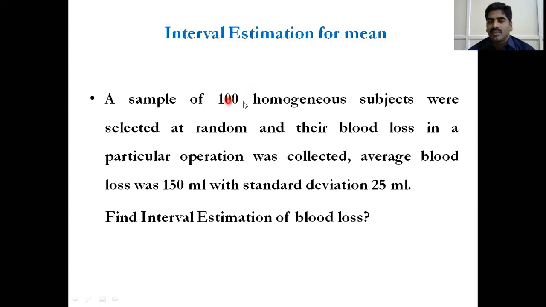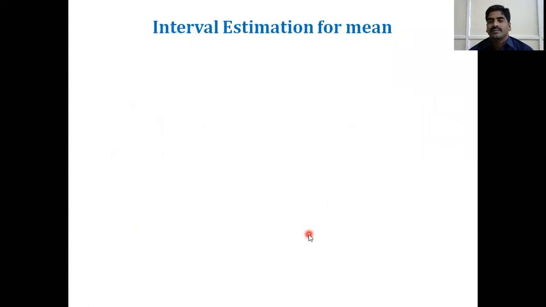See, total 100 subjects, on an average blood loss is 150 ml with a standard deviation of 25 ml. These are the statistics from the sample, but we have to give the results to the population. So here we are calculating the interval estimation for the population.